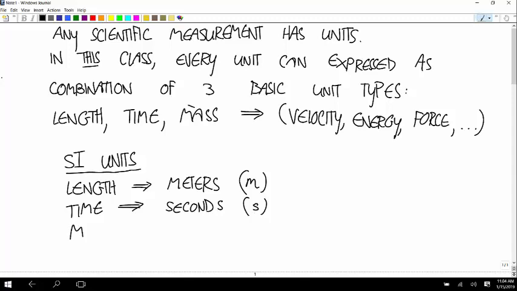And the mass measurement, the mass unit is kilograms. You might think it would make more sense if it was grams because this has that prefix of kilo on it, but this is just how it's done. And the abbreviation is lowercase kg.